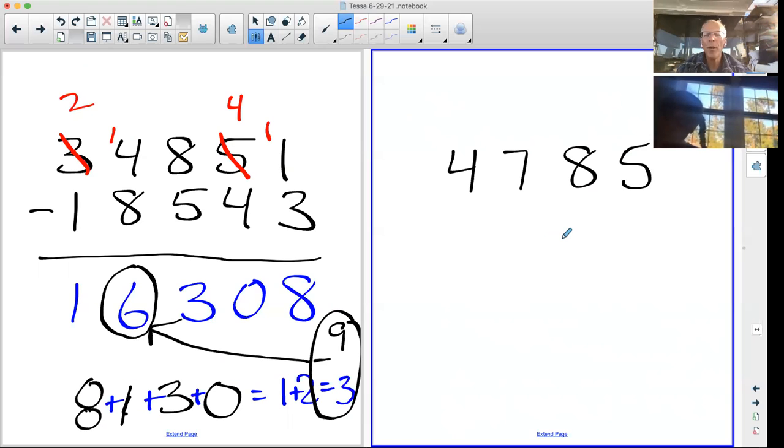Now, Tessa, the moment you write it down, I want you to jumble the digits and put the bigger number on top. So you're probably going to have to put your jumbled digit above the 4,785. Let me know when you've done it.